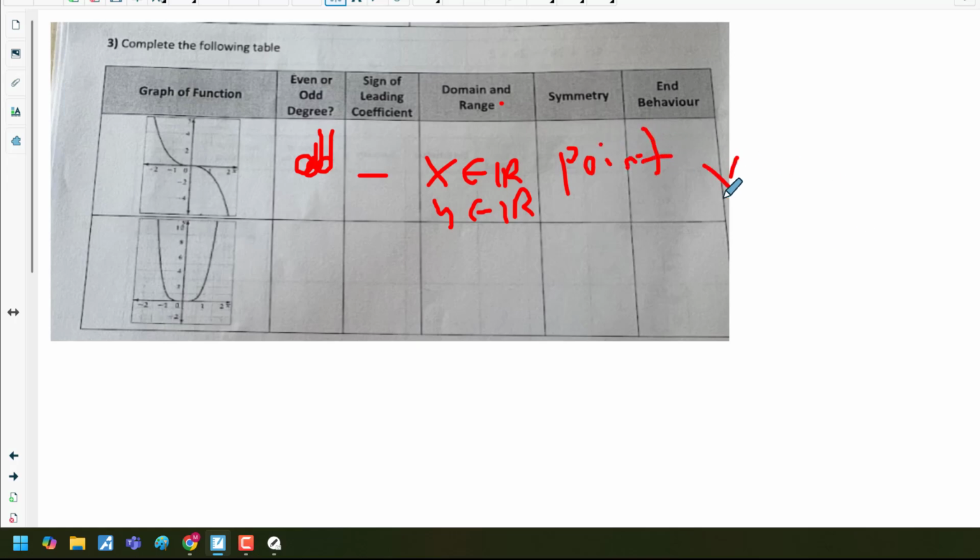And then end behavior is pretty easy: as x goes to infinity, y goes to, I guess, what? Negative or positive? What do you think? Positive infinity. As x goes to positive infinity, y goes to what? Yes. And then obviously opposite. All right, cool. Next one.